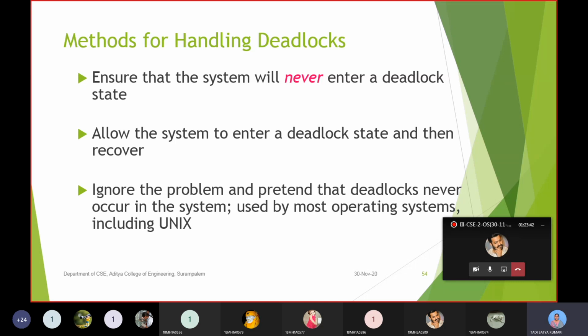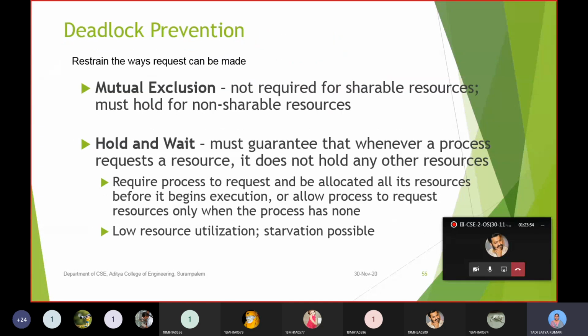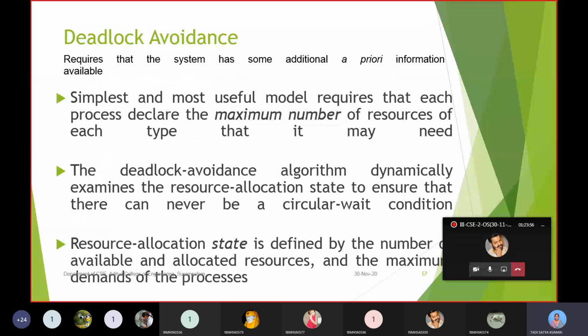Any doubts up to this? Please respond. Okay, so tomorrow we will discuss deadlock prevention and deadlock avoidance.